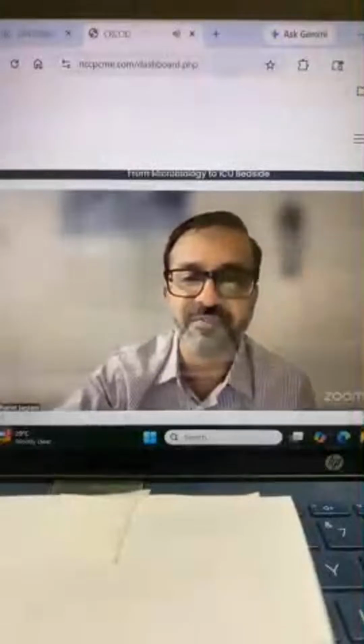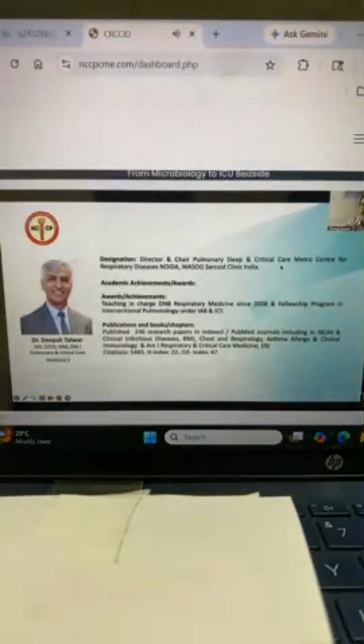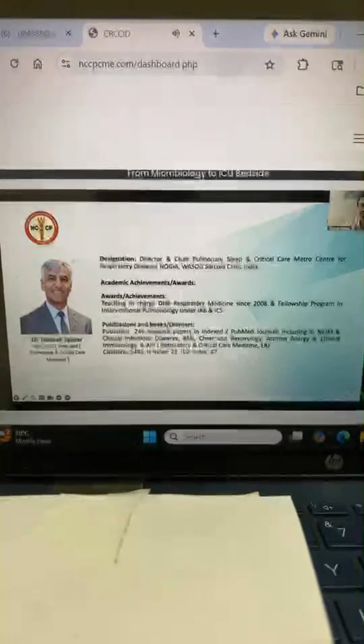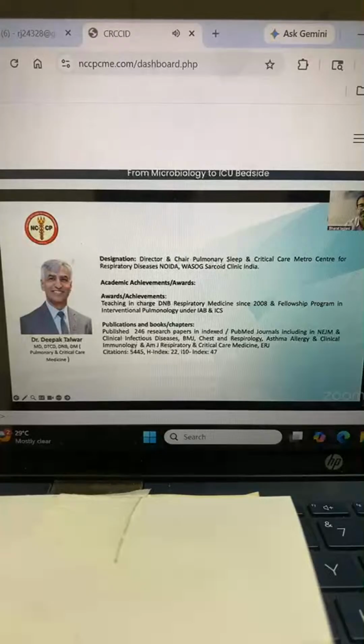The next talk is by Dr. Talwar. Dr. Talwar is Director and Chair, Pulmonary, Sleep and Critical Care Medicine and Respiratory Disease at Metro Center, Noida. He is also teaching in charge of the fellowship program in pulmonology. He has more than 246 research papers in indexed journals like NEJM, Clinical Infectious Diseases, BMJ, Chest, Journal of Allergy and Clinical Immunology, and the American Journal of Respiratory and Critical Care Medicine.